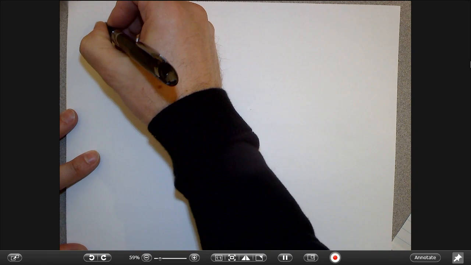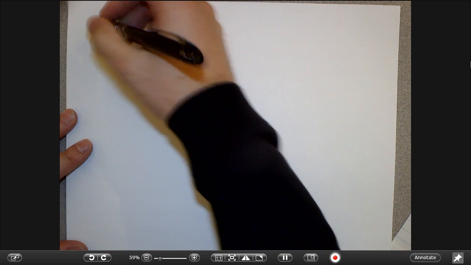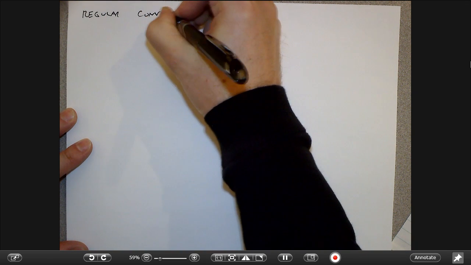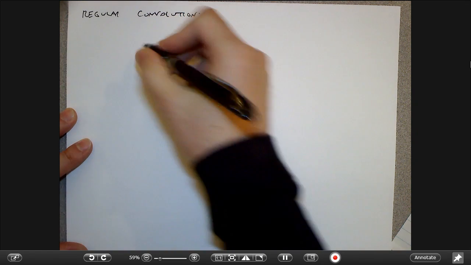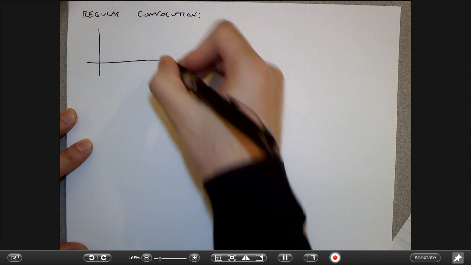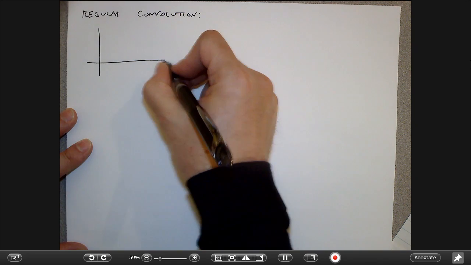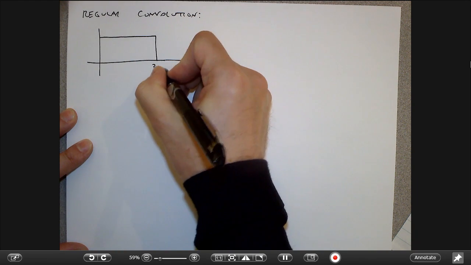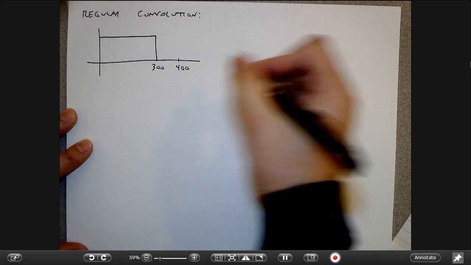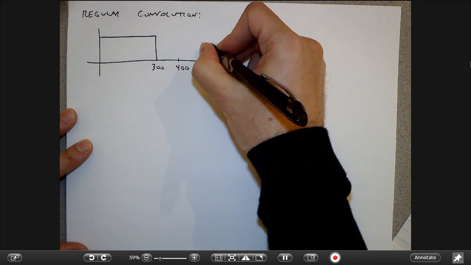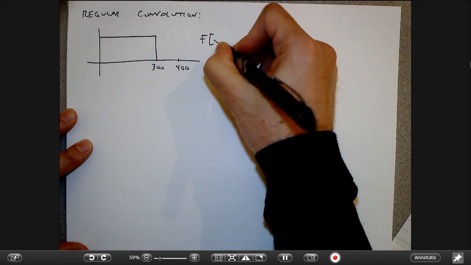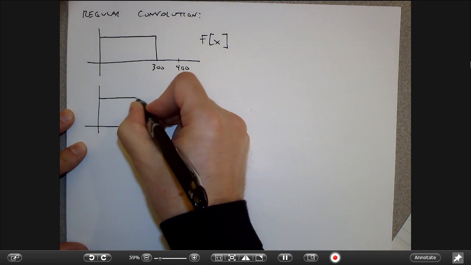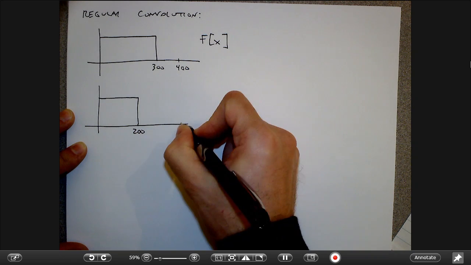So basically, if I have two signals that I'm doing regular convolution with, I'm going to do this in 1D because it's easier. Let's suppose this is signal 1, and let's suppose I want to convolve that with signal 2, which looks like this.